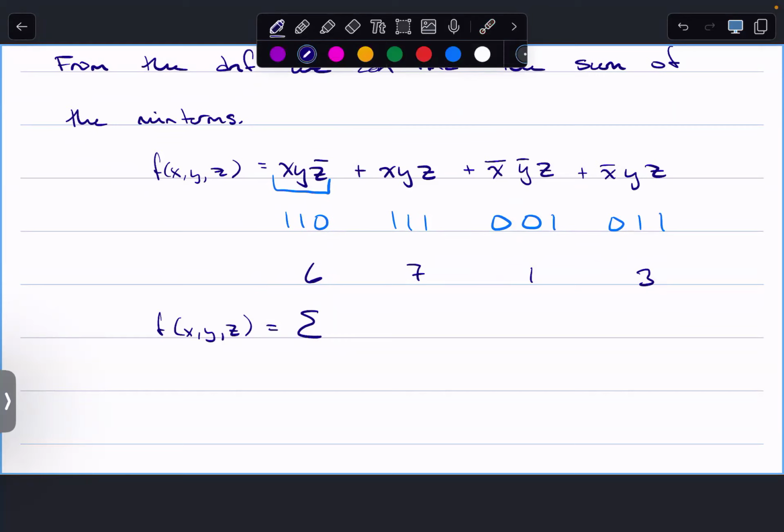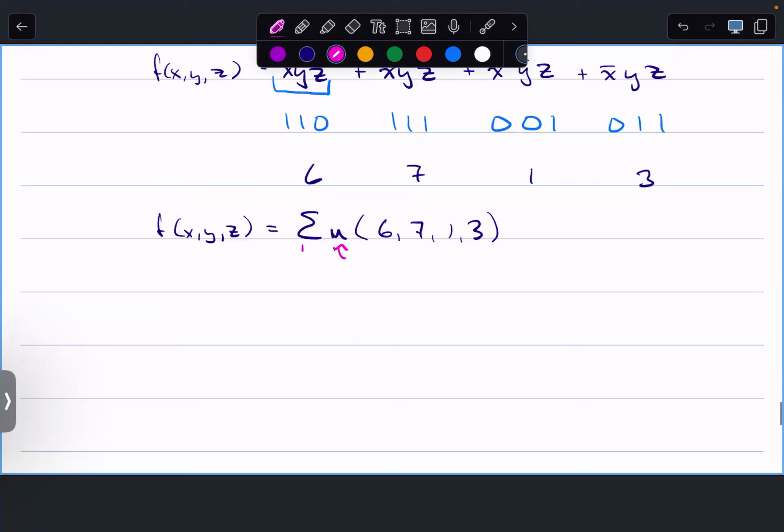And so the sum of the min terms is, and I'll just do them in the order that they appear, 6, 7, 1, 3. And that's the sum of the min terms. I need to write that properly, sorry.